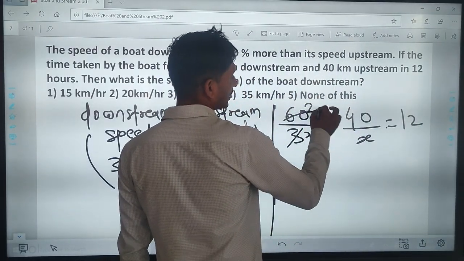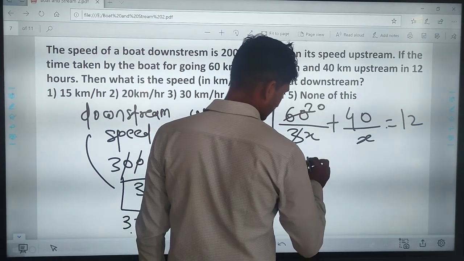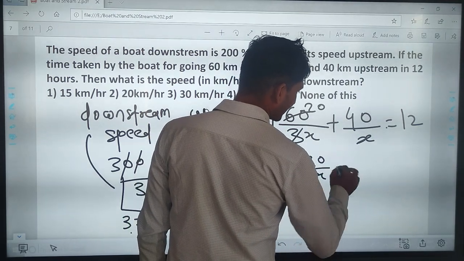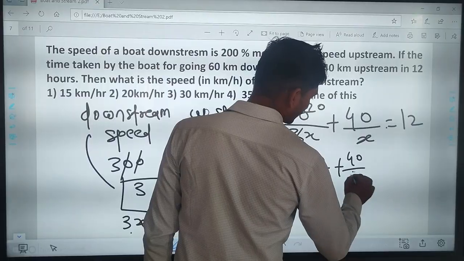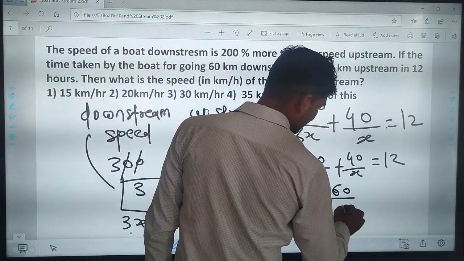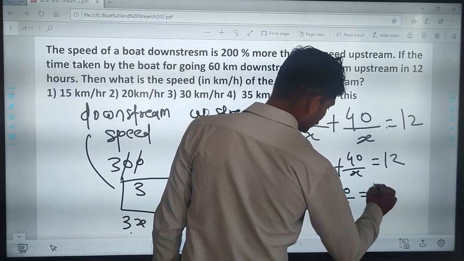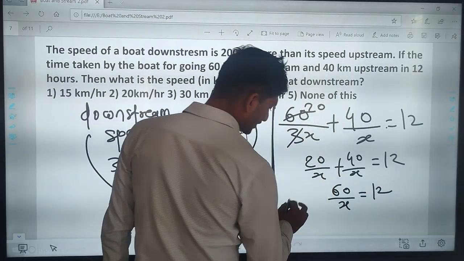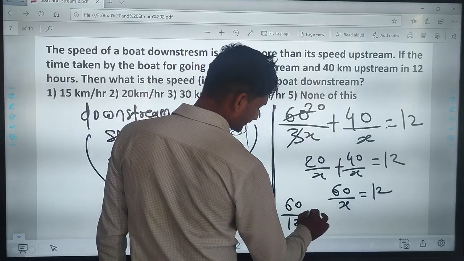Then 20 over x plus 40 over x is equal to 12. Adding these, 60 divided by x is equal to 12. Then 60 upon 12 is equal to x.